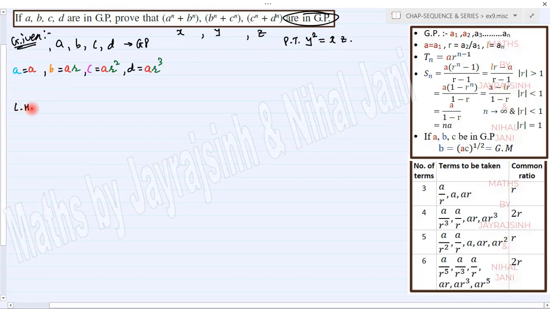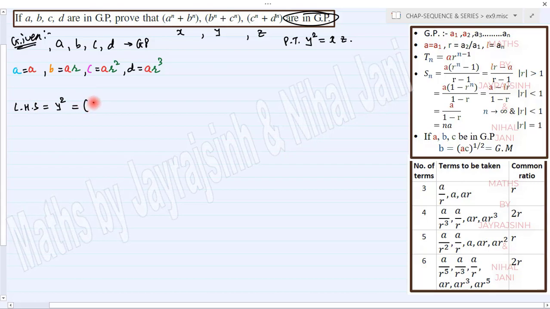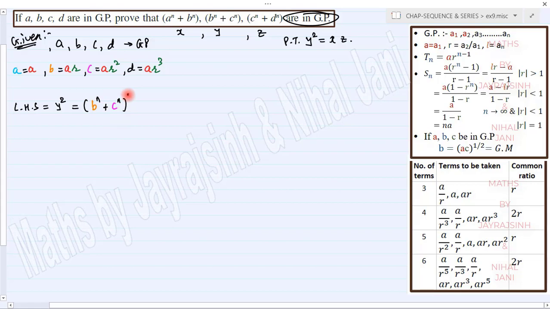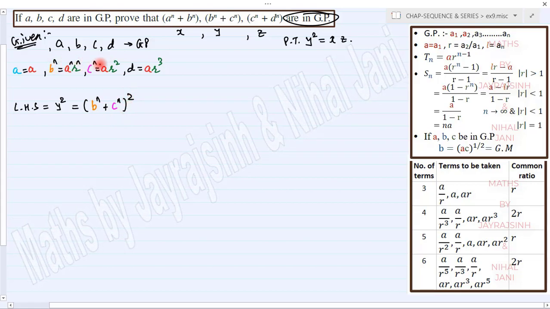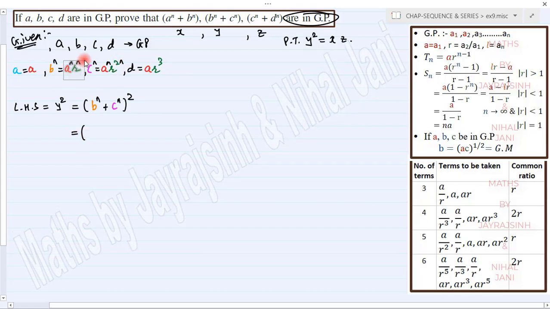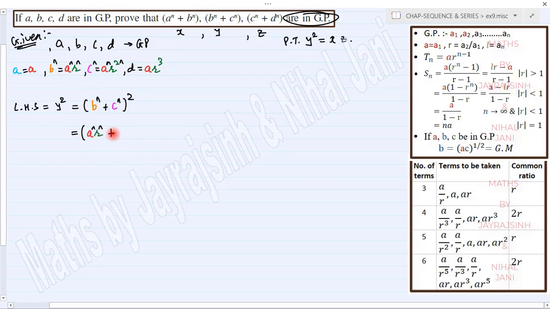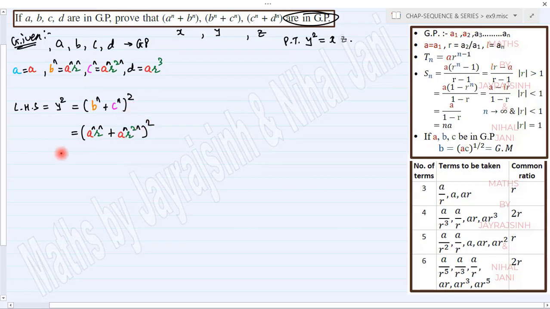So let's begin from the left hand side, which is y square, or we can say b raised to n plus c raised to n the whole square. So let's take n power on both sides. So we will get b raised to n as a raised to n into r raised to n plus your c raised to n is a raised to n into r raised to 2n the whole square.